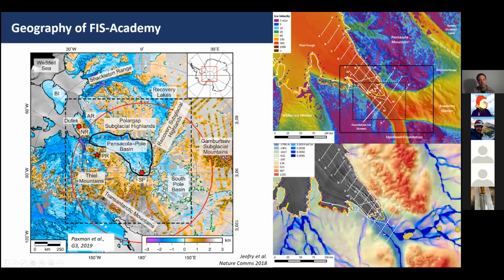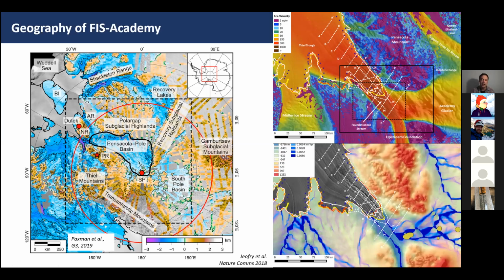And then also in this broad tributary, still below sea level, there's the area of the Patuxent ice stream, which is a broad onset zone of the Foundation ice stream system. And there's some interesting things in that area, which we'll touch upon a little bit later.